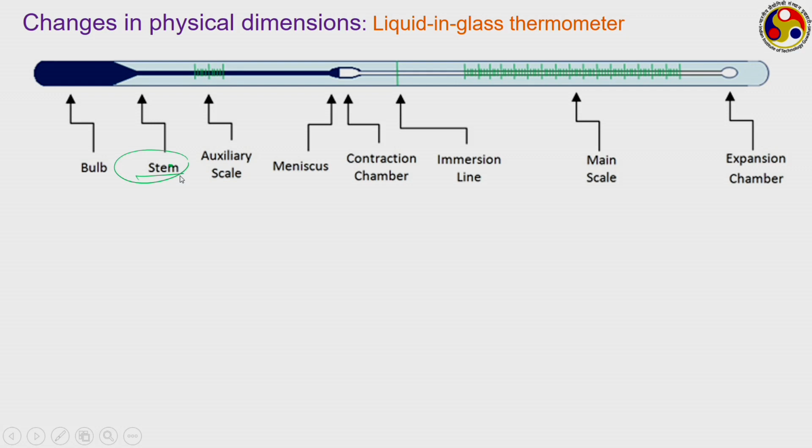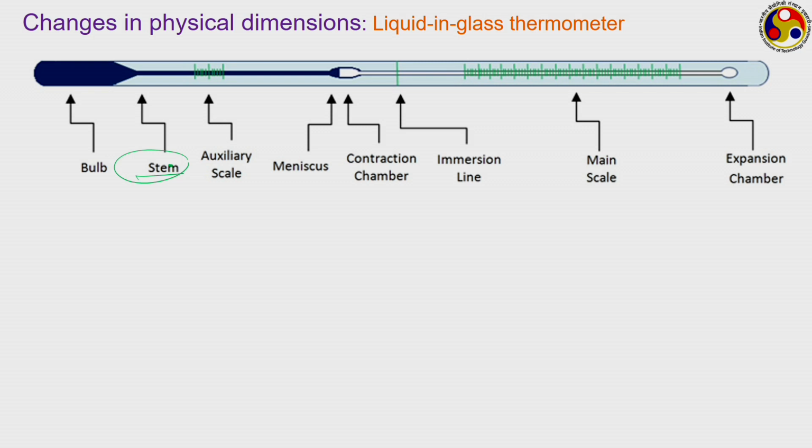The stem is generally made of annealed glass, and the property of the glass depends very much on the temperature range for which you are using it. A scale that you use for measurement of sub-zero temperature may not be suitable when you are measuring temperature in the range of 200 or 300 degrees Celsius.